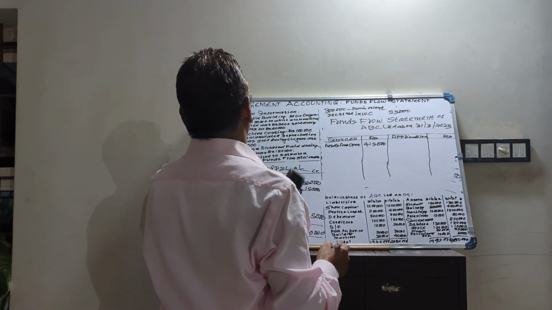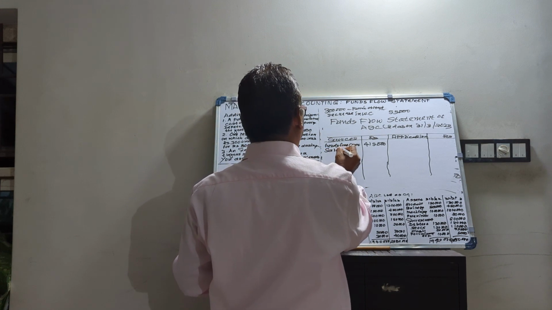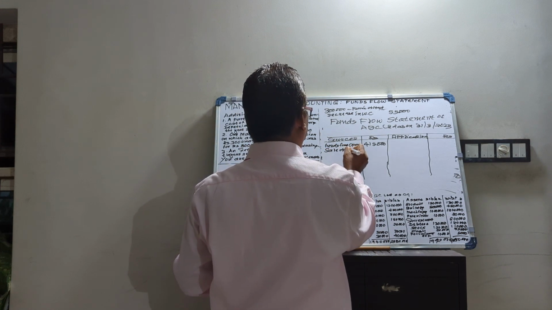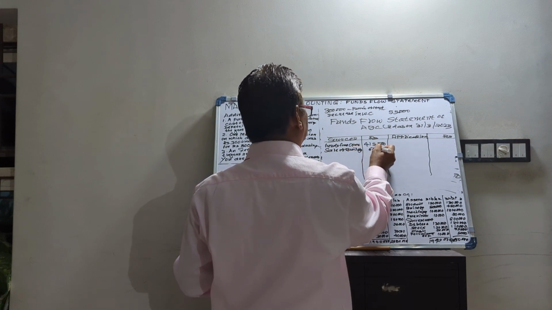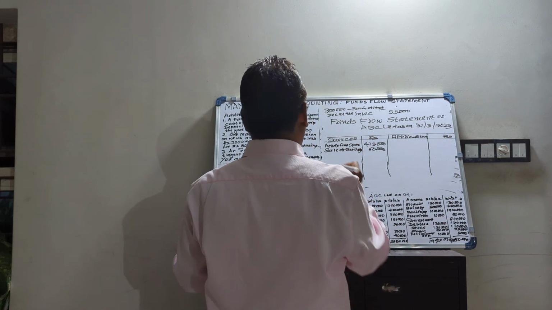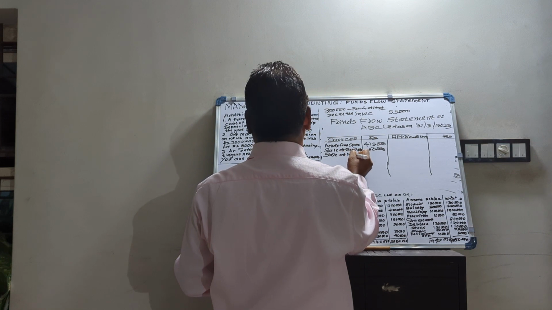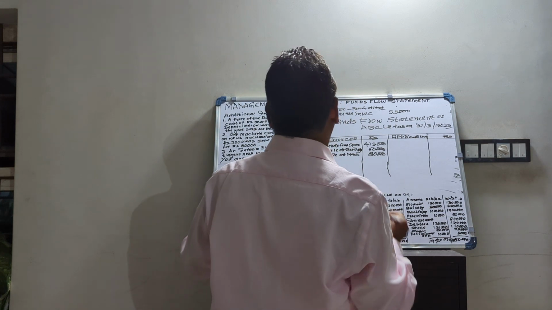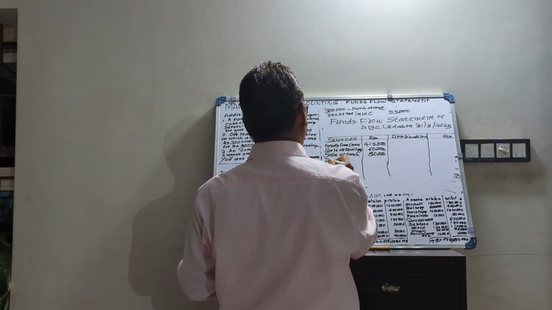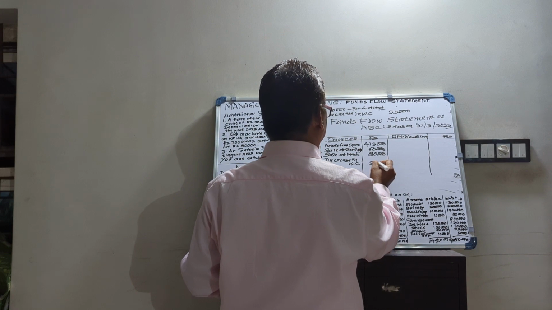Then we sold the building for 60,000, so sales proceeds of building, 60,000. Then we sold the machinery for 80,000, sales proceeds of machinery, 80,000. Then decrease in working capital is a source, we will write decrease in working capital, 55,000.